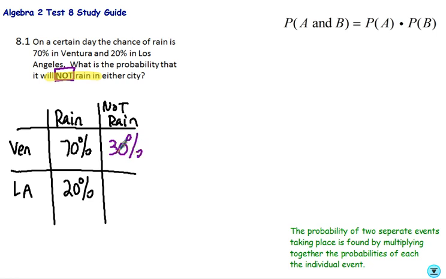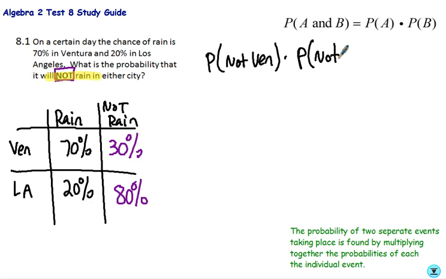Well, if there's a 20% chance it will rain in LA, that means there's an 80% chance it won't rain. So the way I'll write this, we'll say probability of not Ventura, just abbreviating here a little bit, and the probability of it not raining in LA, we just have to multiply those two things together. So the probability of it not raining in Ventura is 30%, and the probability of it not raining in LA is 80%.